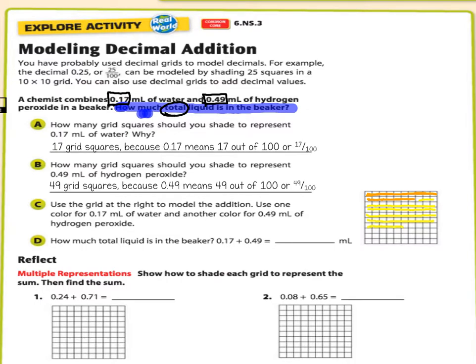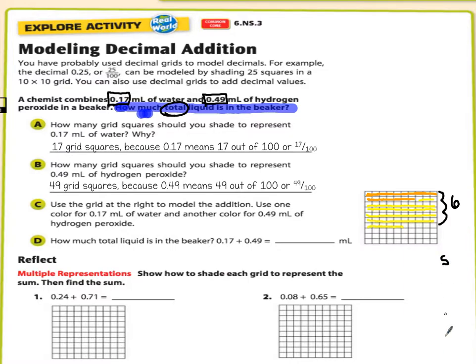How many squares do I have filled in? Well, in total, I have all of these rows of 10. So 1, 2, 3, 4, 5, 6 rows of 10. And then I have 1, 2, 3, 4, 5 extras.